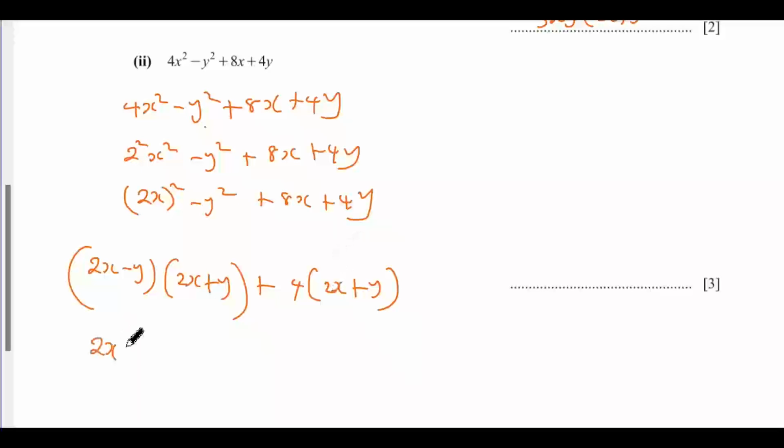Okay, 2x plus y. Then we are left with 2x minus y, and 4 here. So this is what we get if we factor out 2x plus y.